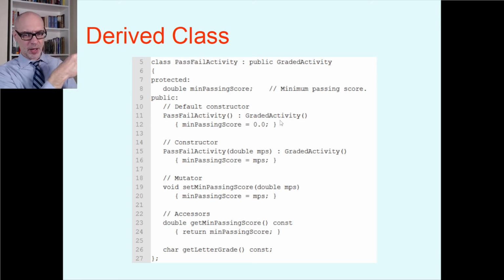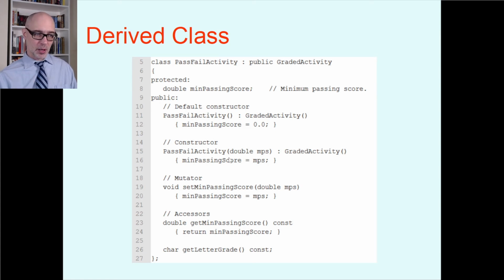And if I recall, graded activity's constructor sets up the score to be 0, so it's not uninitialized garbage data. And then once that happens, we set up this new min passing score to also be 0.